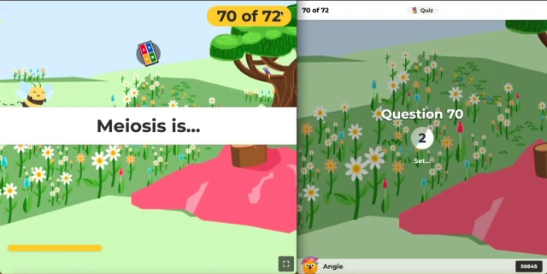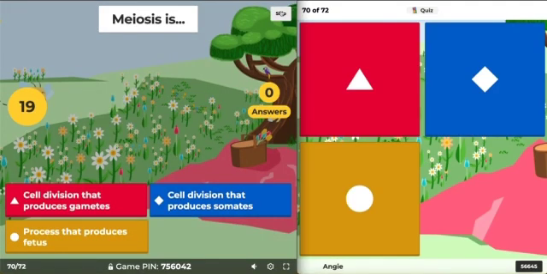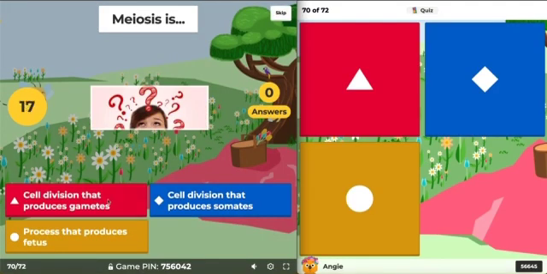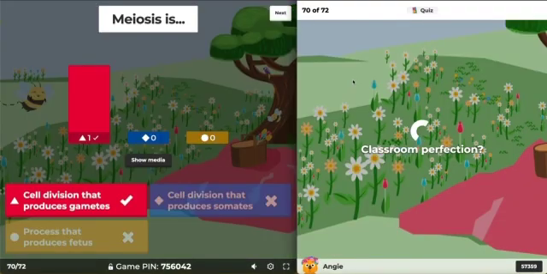Meiosis is cell division that produces gametes. Gametes are sex cells.